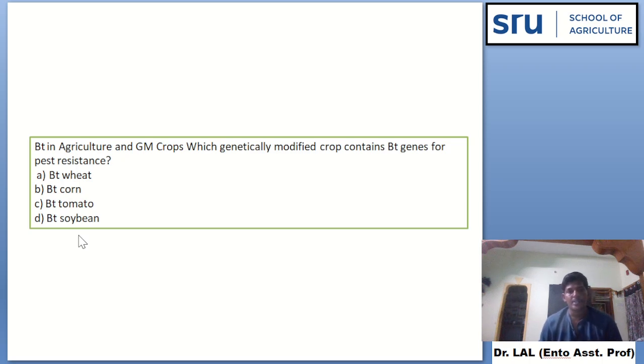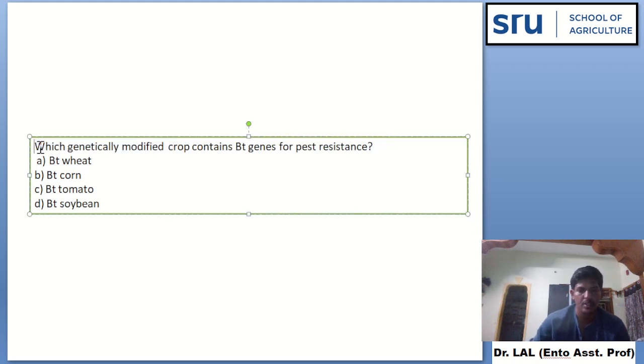Bt in agriculture and GM crops. Here the question is: which genetically modified crop contains Bt genes for pest resistance? Bt wheat, Bt corn, Bt tomato, or Bt soybean.